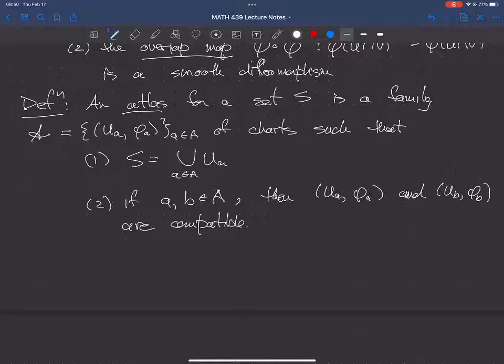And what that does is give you an equivalence relation on the set of atlases. So two atlases are equivalent when their charts are compatible with one another.